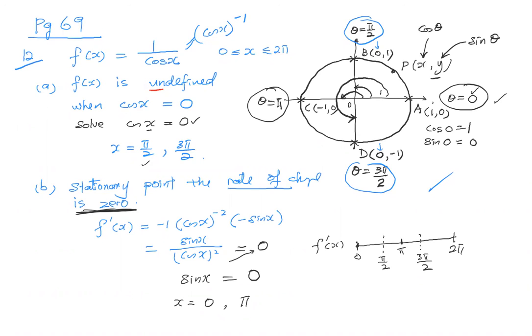Plot the graph of 1 over cos x. Then go to Window, set 0 to 2 pi.